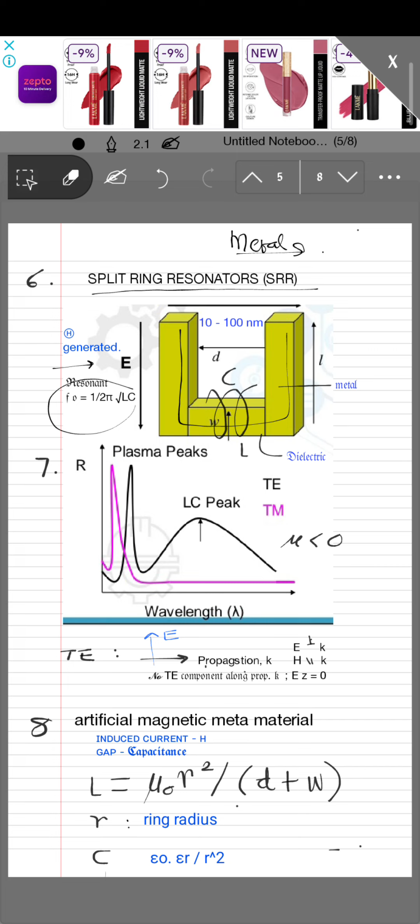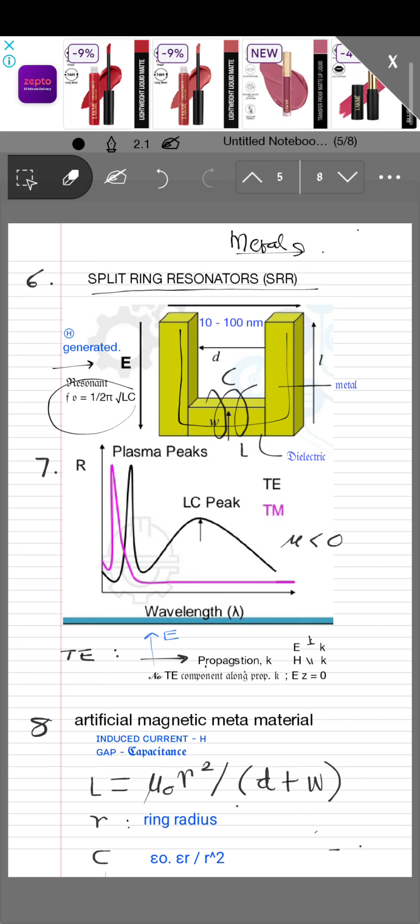Now again, this capacitance enhances the resonance, and the inductance is related to the dimensions of the structure, like μ0 r squared divided by d, the distance between the plates, plus the crystal substrate width.